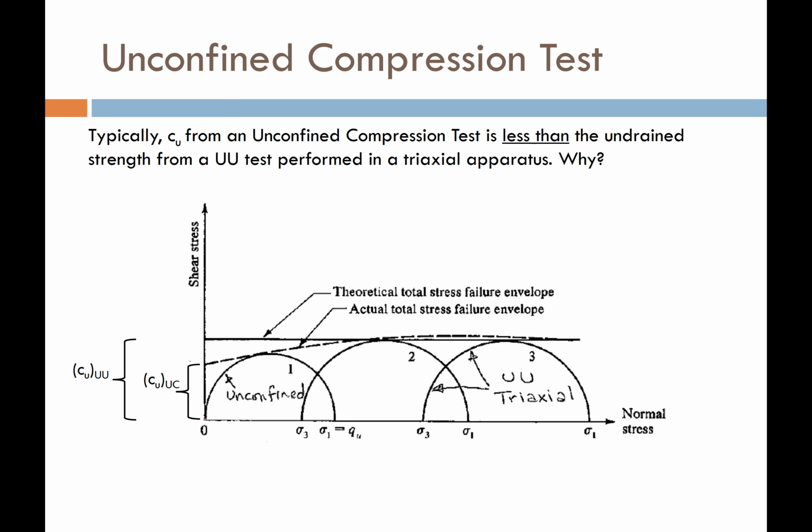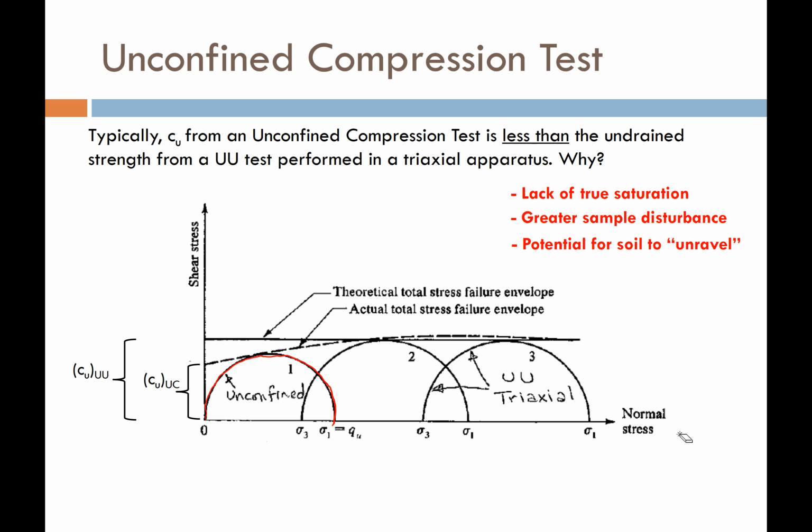We see that the undrained shear strength that we measure from an unconfined compression test is always lower than the undrained shear strength from the same soil if we were to measure it in an unconsolidated-undrained triaxial test. And again, the reason for this is because the soil isn't truly saturated. There's more sample disturbance, there's lack of confinement, and we'd have the potential for the soil to unravel.